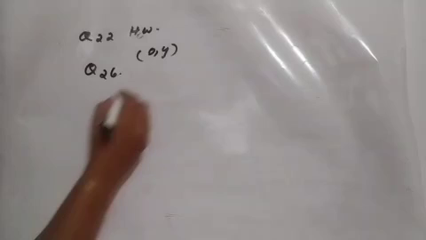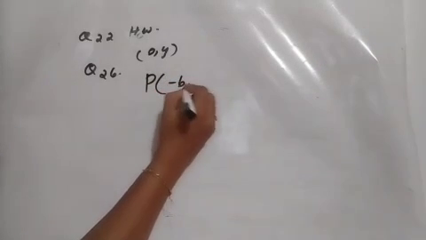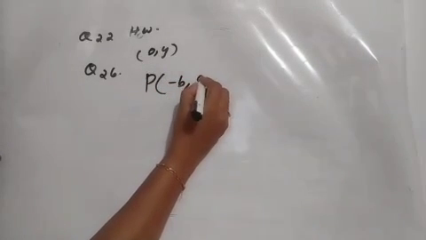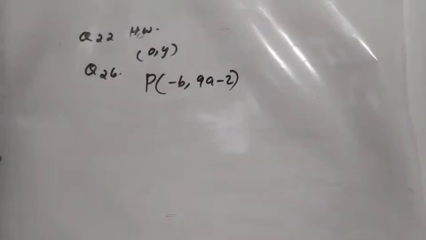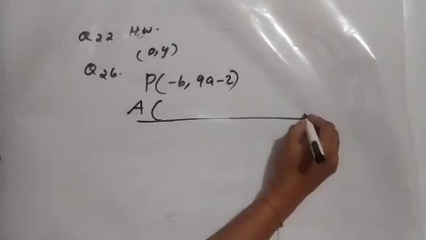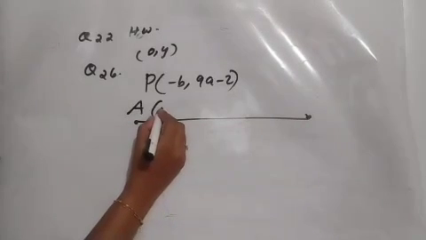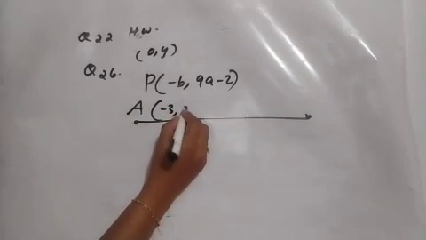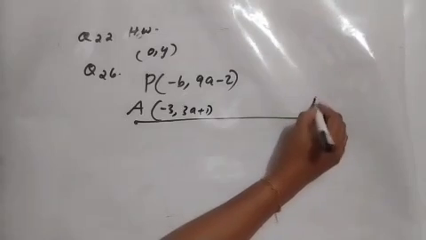It is given in the question that P is a point having the coordinates minus b and 9a minus 2. It divides the line segment joining the points A and B. A has the coordinates minus 3 and 3a plus 1.